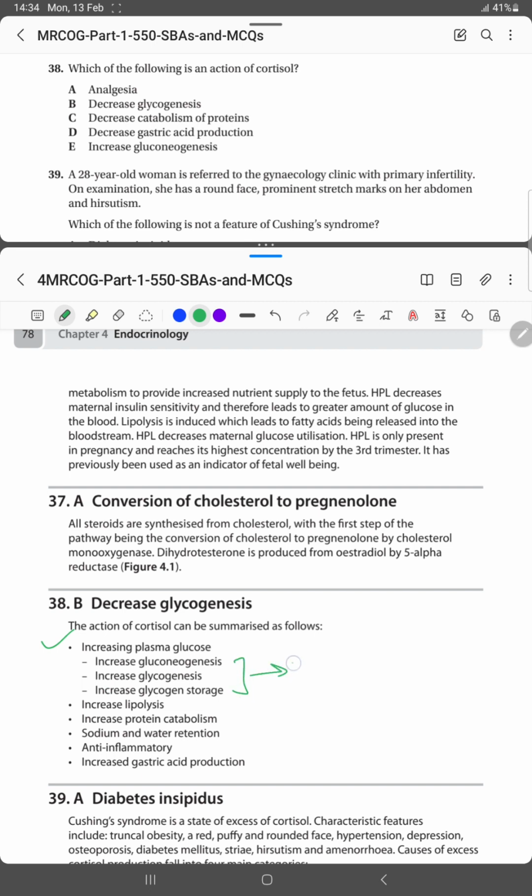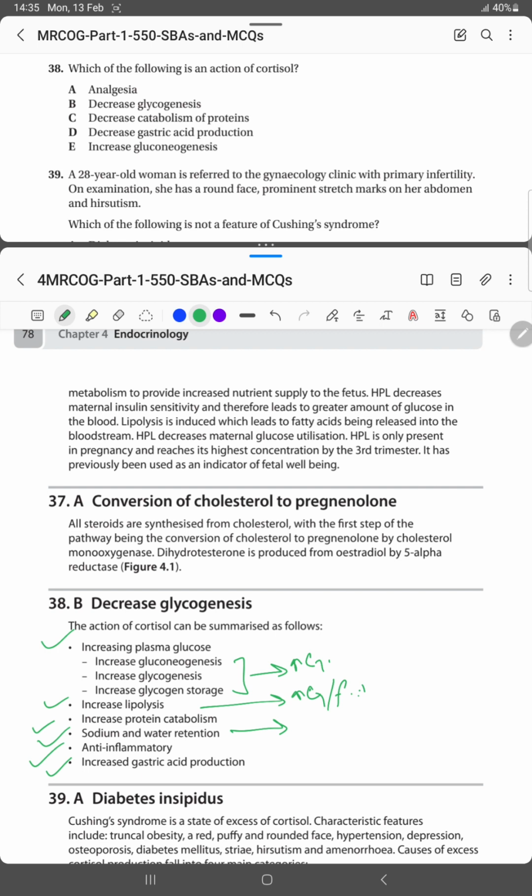These all produce increased plasma glucose. Then there is increased lipolysis, which also leads to the production of glucose and fatty acids, and increased protein catabolism, and then sodium and water retention, and then anti-inflammatory effects and increased gastric acid production.